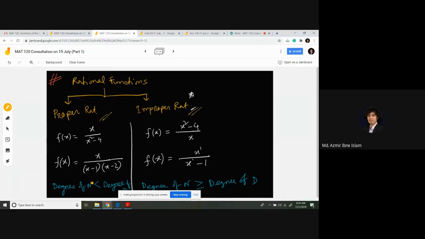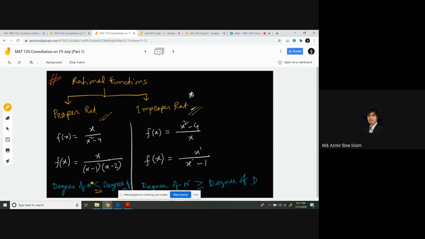What is proper rational? If the degree of the numerator is less than the degree of the denominator. Here we have x power 1 and in the denominator x power 2, so this is proper rational. Similarly, if we multiply these two factors we get x squared, so the upper part has a lower degree than the lower part, so it is proper rational.